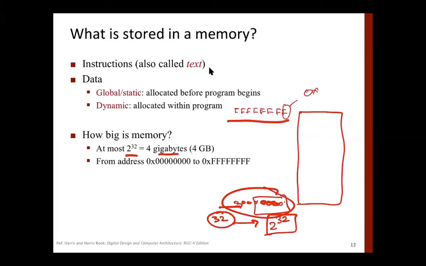Fine. Now the data that we are using in a program is of 2 types. One is static or global data. Static here is something we will see; basically it is something whose life is during the execution of the whole program, and is visible in all routines.